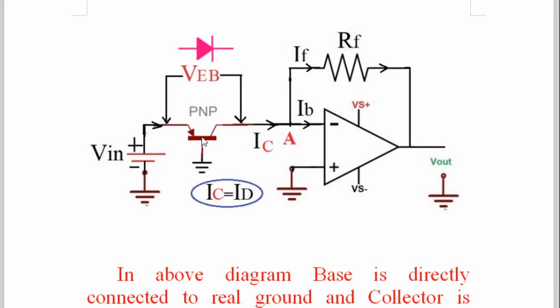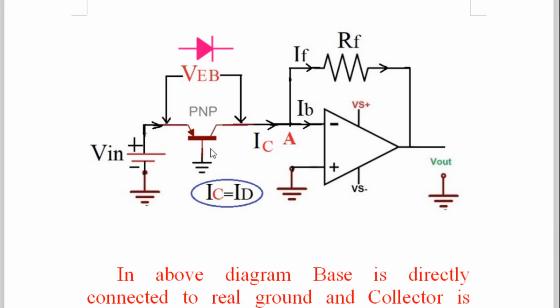So the things are very simple. Now you can see what we have written: the voltage between emitter and base. Actually this terminal is the collector, but why have we written VEB here? Because the collector and base are short circuited: the base is directly connected to the real ground and the collector is connected to virtual ground.